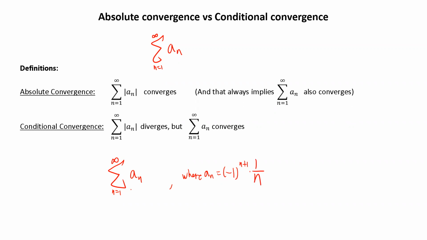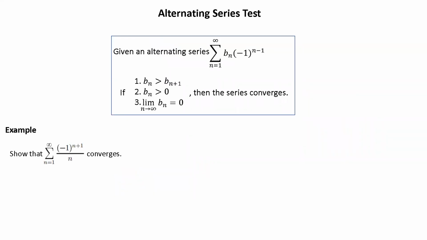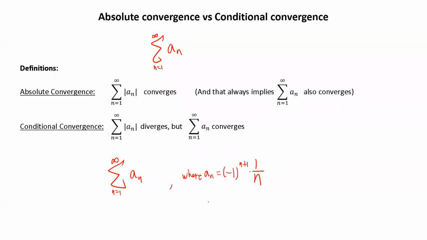We already showed that the alternating harmonic series is a convergent series. However, in this case, the absolute value of a_n just gives you the regular harmonic series, and that one is the divergent series. That is to say, the alternating harmonic series is only conditionally convergent.